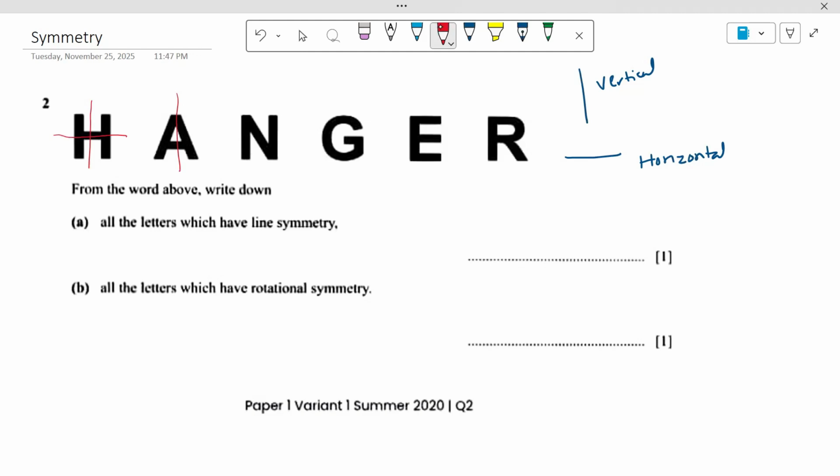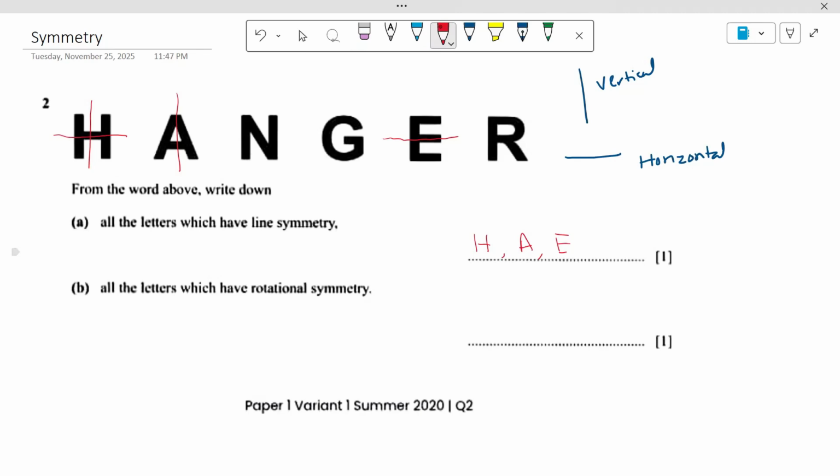In case of E, if I draw a horizontal line, it can cut E into two equal parts. So in this case, we can say that H, A, and E have the line of symmetry. B part says all letters which have rotational symmetry.